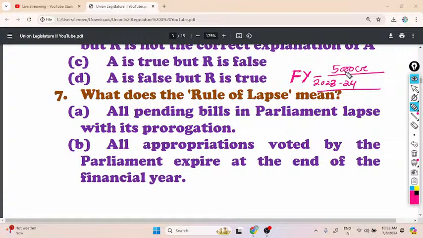If the department has spent only 4,000 crore, then the remaining 1,000 crore will come back to the Consolidated Fund of India at the end of the financial year. That is known as the rule of lapse.